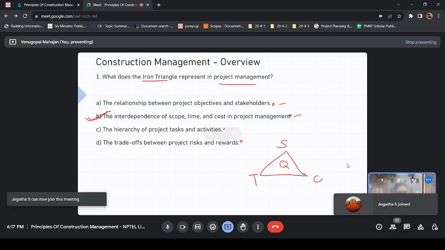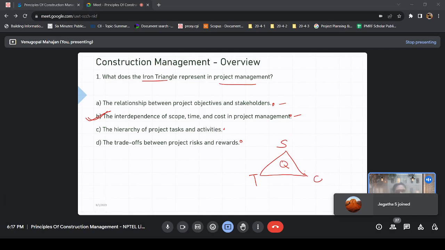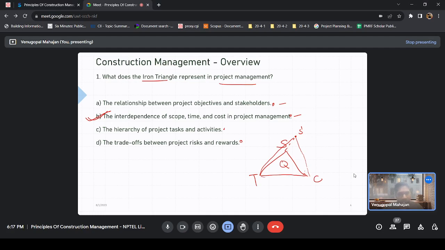But if you vary even one of them, let's suppose you try to increase the scope. Your scope point moves from here to here. This is your new scope. Your time will increase, your cost will increase, and maybe the interdependence will also increase, right?